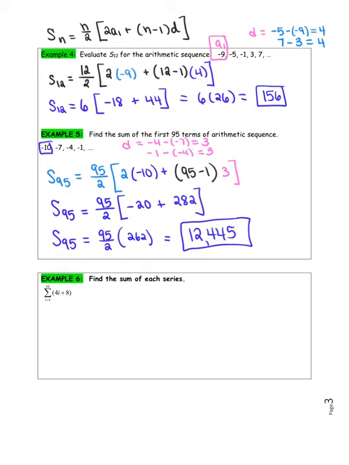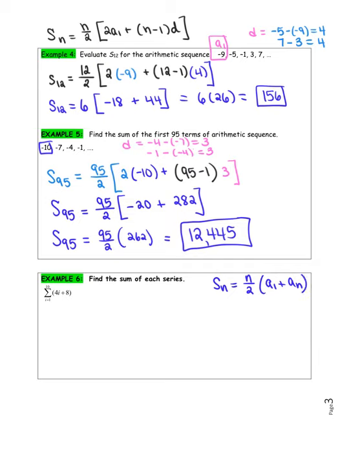Example 6 says find the sum of each series. So for this one, my lower bound is 1 and my upper limit is 10. So I can plug in 1, 2, 3, all the way to 10 and then add them up. But the quick way is if I apply the sum formula, which says S sub n equals n divided by 2, parentheses, the first term plus the last term.